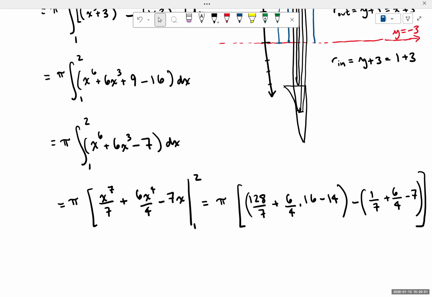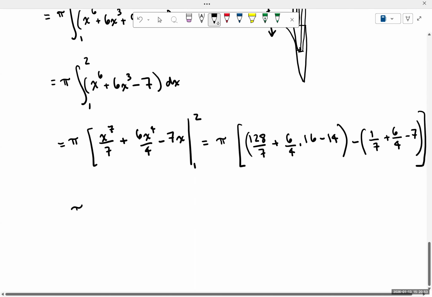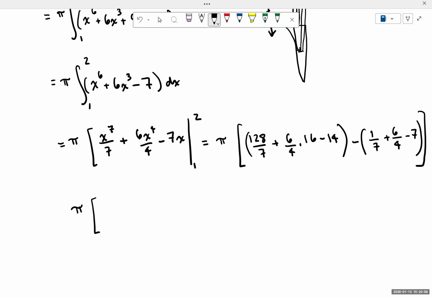Okay, so what I got here is going to be 127. This is going to be 6 times 4, so 24, minus 14 is 10, plus 7 is 17. So I got plus 17, minus this one, which is 3/2.